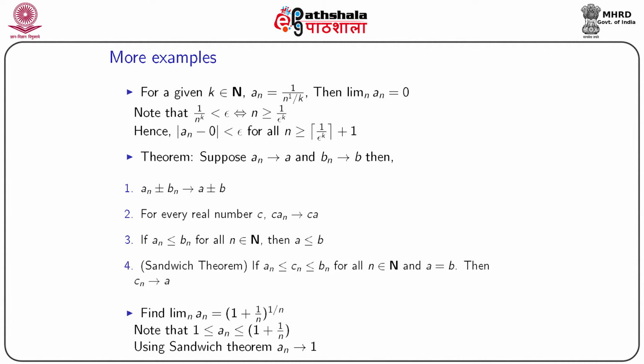Now we'll be considering more examples. Suppose an is 1 over n to the power 1 over k, where k belongs to the set of integers. Then also limit an is equal to 0. If I put this restriction, 1 over n to the power 1 over k is less than epsilon, that means n is greater than 1 over epsilon to the power k.